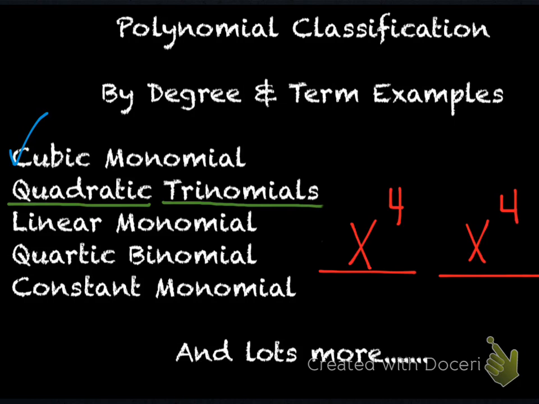Do you know why? What if I did that? X to the 4th plus x to the 4th is 2x to the 4th. So see, you have to simplify. Because if you simplify x to the 4th plus x to the 4th, those are like terms. You can combine them. 2x to the 4th is actually a monomial. So that would be a quartic monomial, but we asked for a quartic binomial.